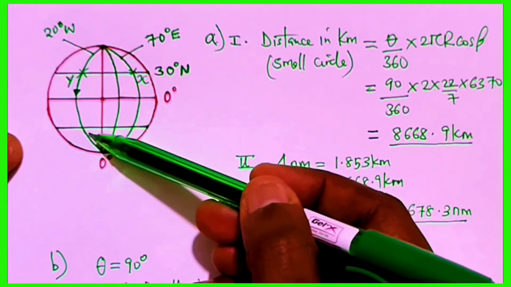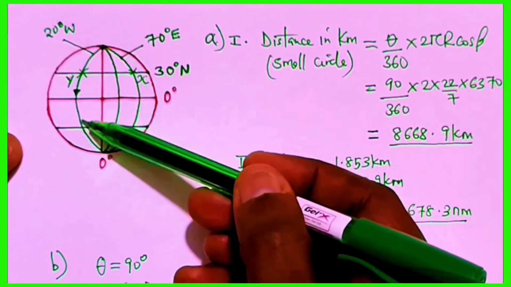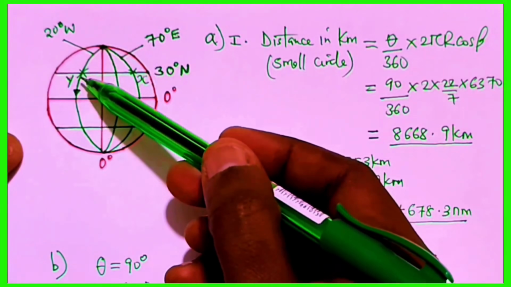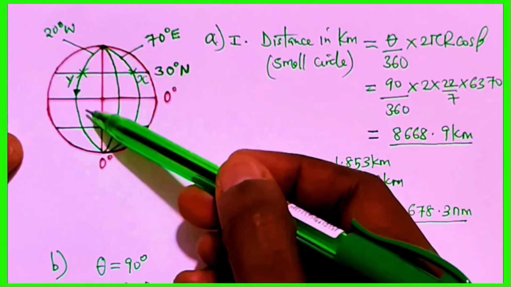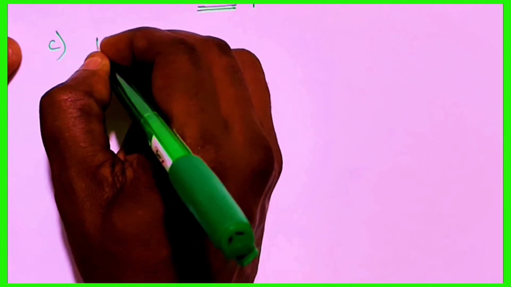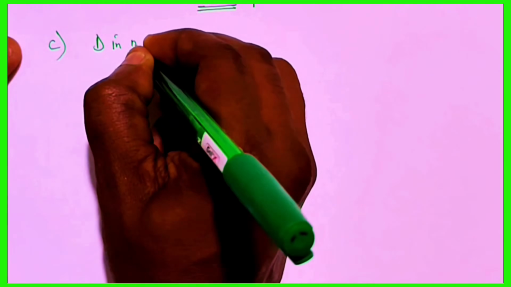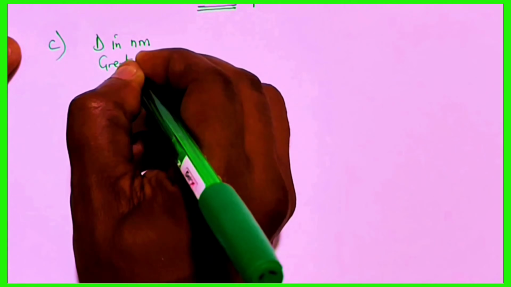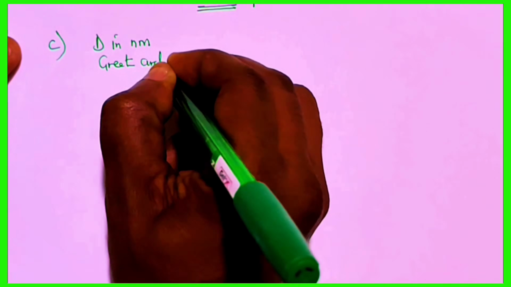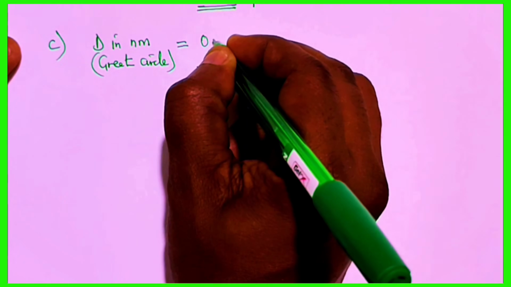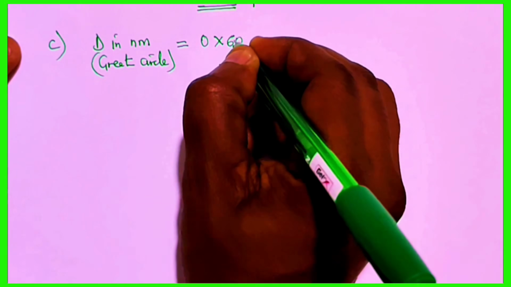Let's find the value of theta, and this time theta will represent the latitude difference. And it means also we are considering that this is distance along a great circle. So distance in nautical miles, and this is along a great circle, will be equal to theta multiplied by 60.